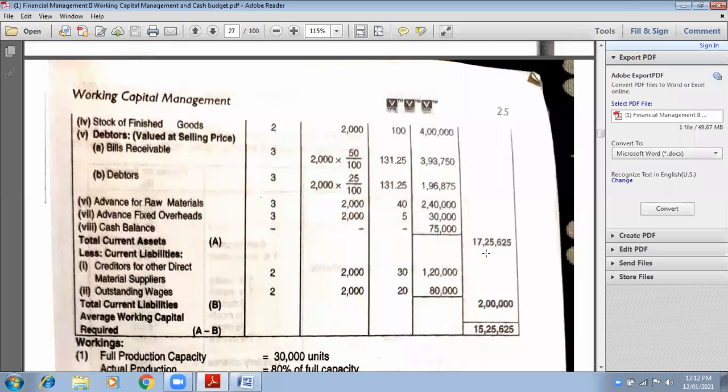Is this the answer that you have got? Yes, ma'am. And is this the current liabilities total that you have got? Yes, ma'am, 2 lakhs. And this is my final answer, current assets minus current liabilities, and this is my net working capital, 15 lakhs 25,625. Okay, this is the sum that we did in the last lecture.